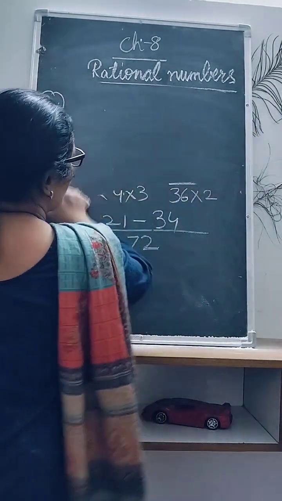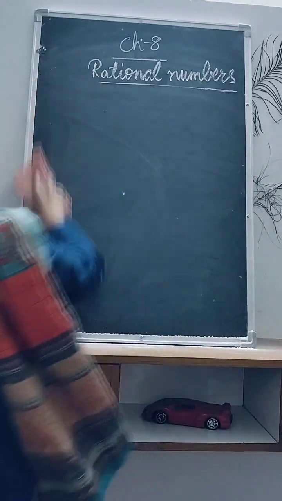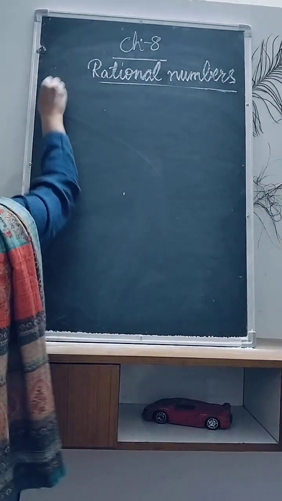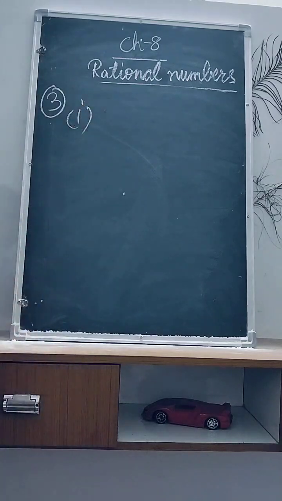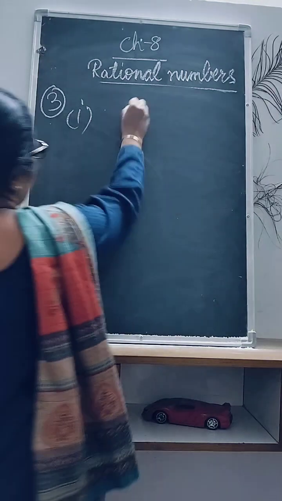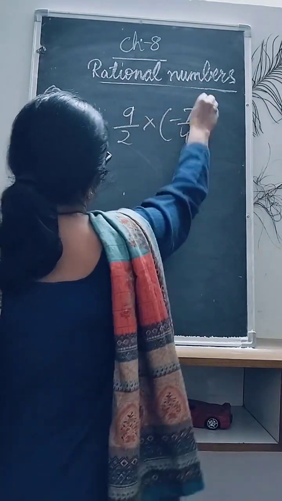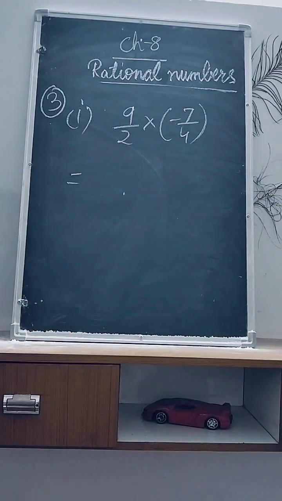Now next is product. Question 3. For question number 3, find the product. Okay, I am doing one part because otherwise the video will become so long. 9 by 2 into minus 7 by 4. Now for product, you have to see the number of times the negative term is coming.